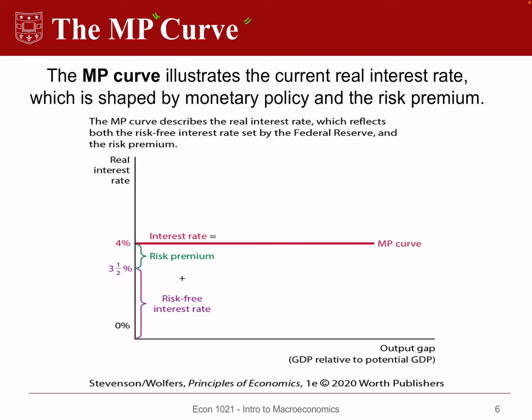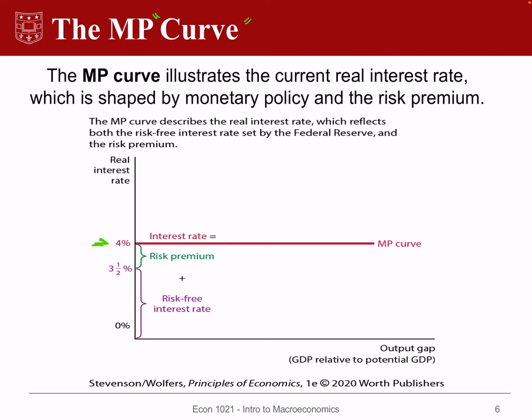So for example, suppose the Fed adopted a target for the real Fed funds rate at 3.5%, and suppose further that there was a 0.5% premium that reflects risk, and so that would mean that the MP curve is drawn at this 4% level.